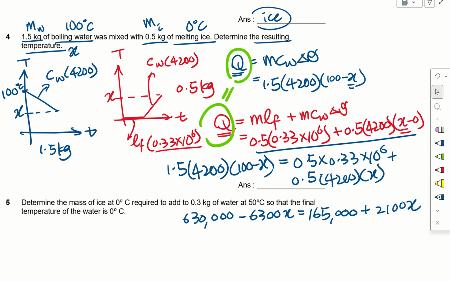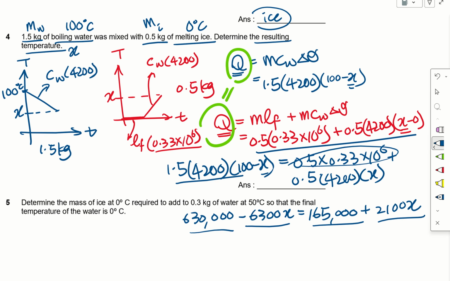Okay, I've decided just to work out the next step. So I'll take this, then multiply by this, I'll get minus 6300x. Similarly, I'll solve for this, plus 2100x.